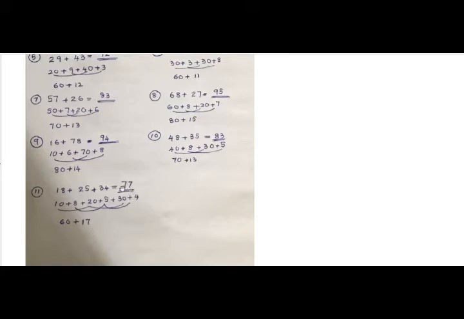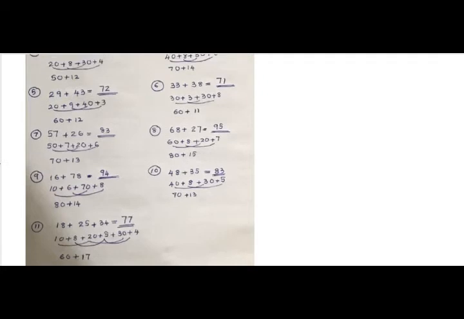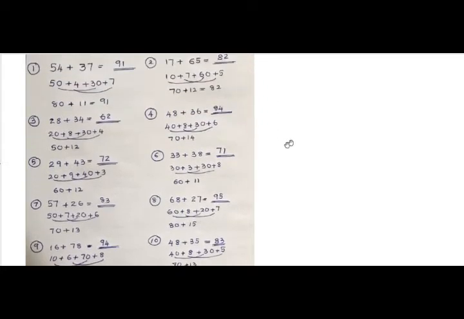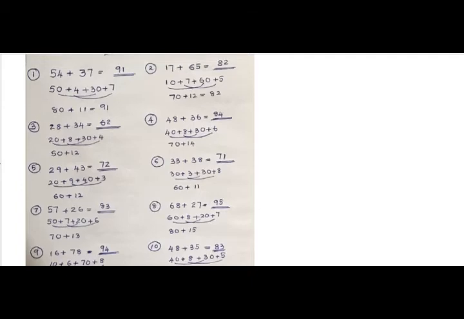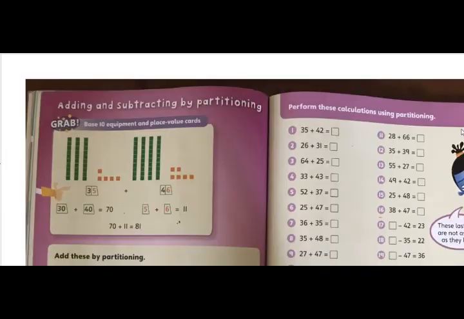So the total final answer is 77. Similarly, you have to partition and get the total for all the questions in this exercise, like I have done here, 1 to 11, and copy the answers to the textbook. Right.